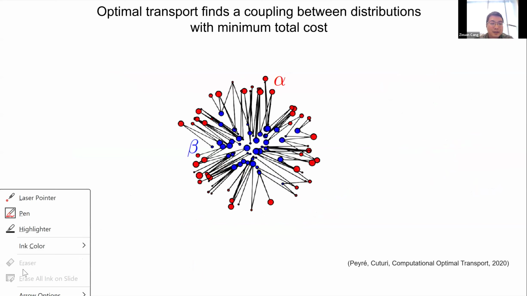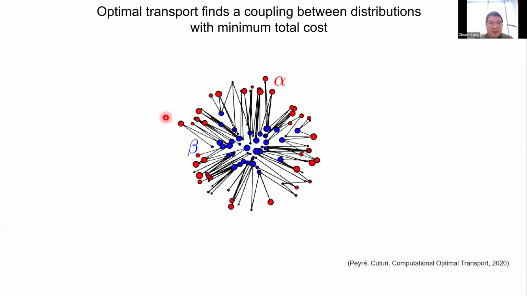Okay, so as a discrete example, these edges are what we get when we compute the optimal transport plan. Consider this alpha as the pile of sand, or in some other intuition, we can think about it as locations that produce some product. And the beta, the blue dots, are locations that demand the product.